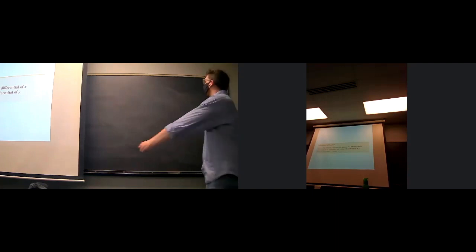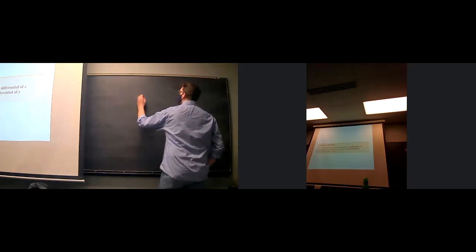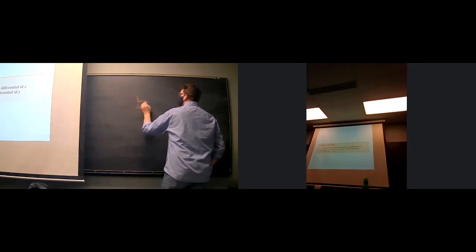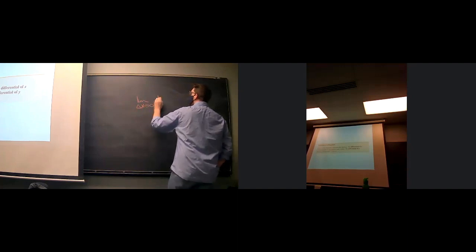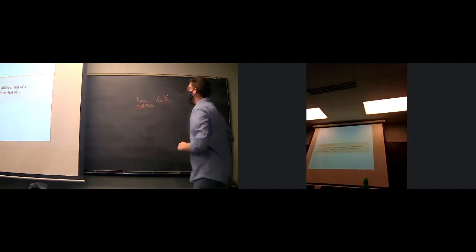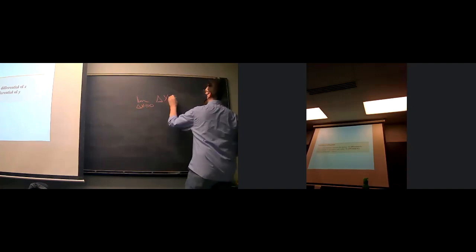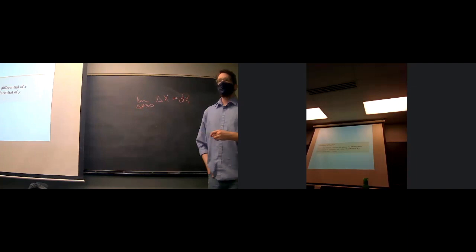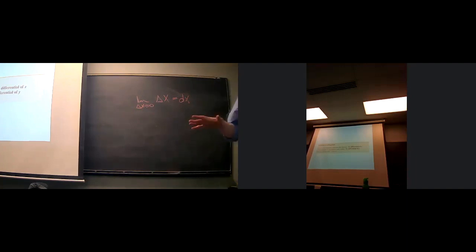And what they mean is incremental infinitesimal changes. So one way to think of dx, for example, is that it is the limit of the small change in x. So this is one way we can think of it.